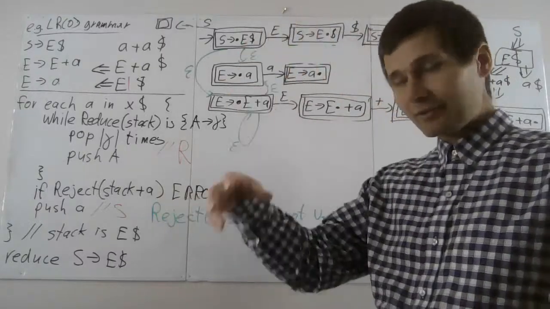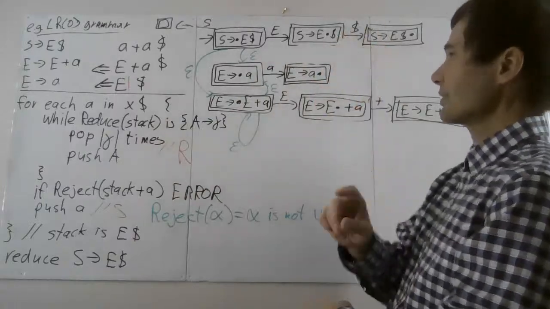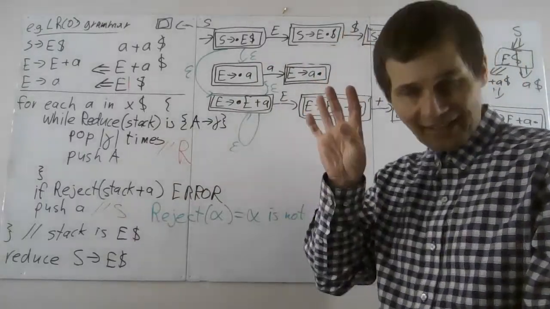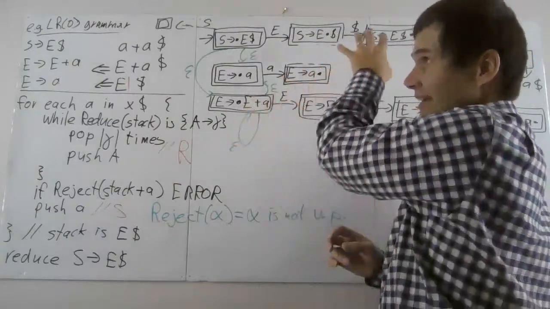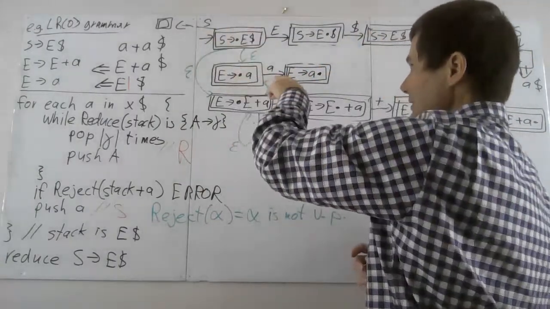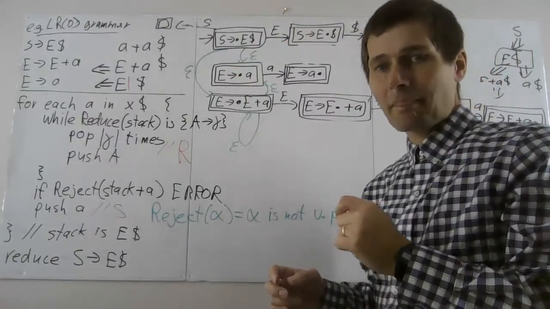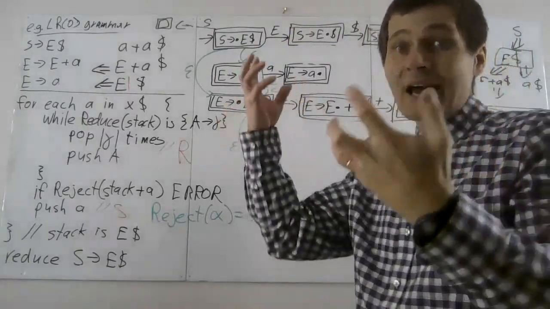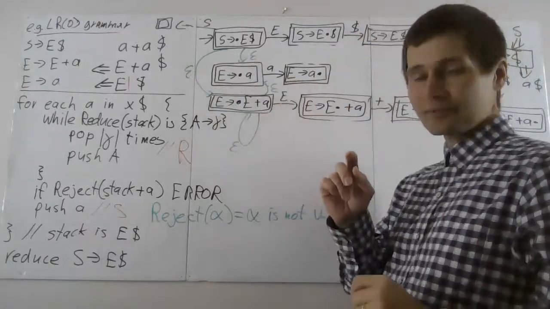So if my algorithm runs and it pushes an A on the stack, and then it pushes a $ sign on the stack, that would be bad, because to be able to tell that the stack is a viable prefix, it would have to go here, see the A, take the epsilon back, and follow the $ sign. So the point is, the algorithm is never going to push that $ sign on top of the A.